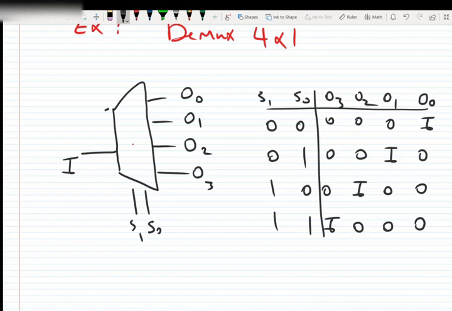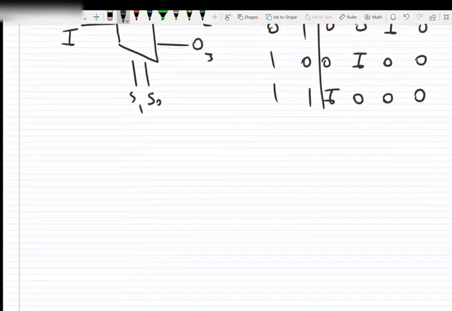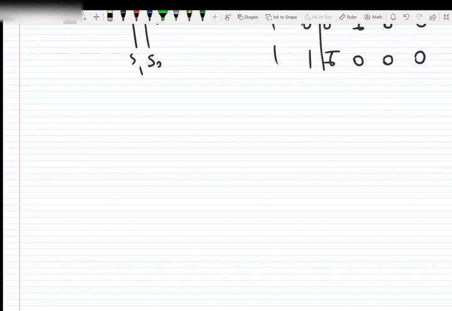Okay, one other thing that I want to explain is inverting the data. Let's look at the symbol of the NOT gate. You see, it's a triangle and a small circle. This small circle means complement.